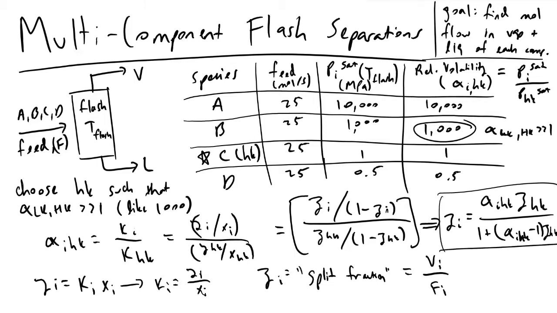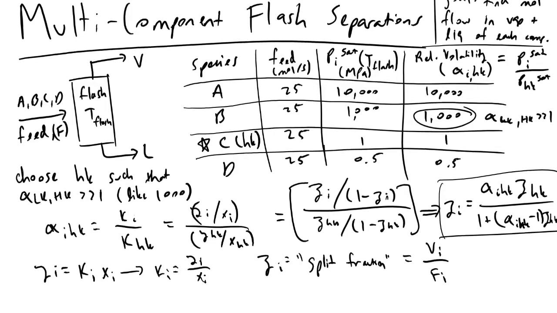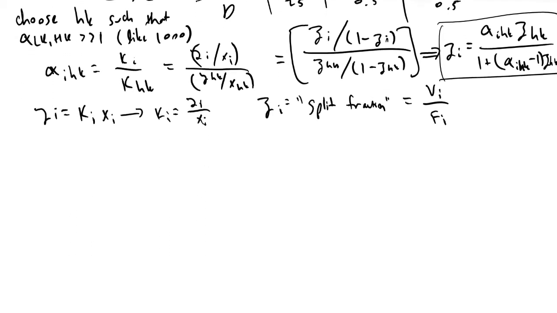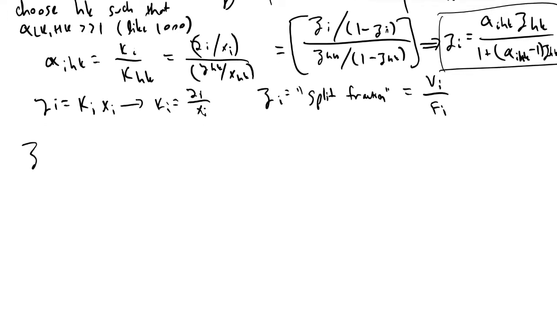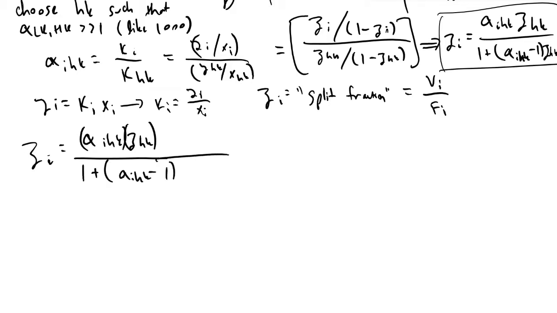And so now that we have defined this term, I'll rewrite it down here. Z sub I is equivalent to alpha I hk times zeta hk, divided by 1 plus quantity alpha I hk minus 1 times zeta hk.